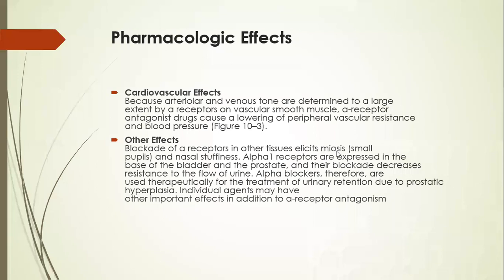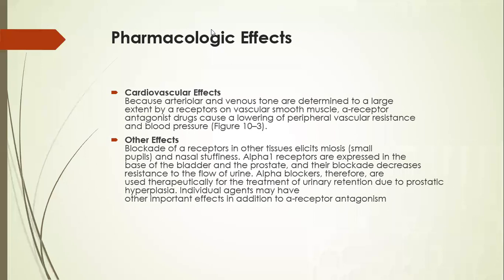Now, small pupils: we have already talked about mydriasis, but this is the reverse version of mydriasis. And nasal stuffiness, the nasal congestion, we have already talked about it. And here is the reverse version of it occurring too.